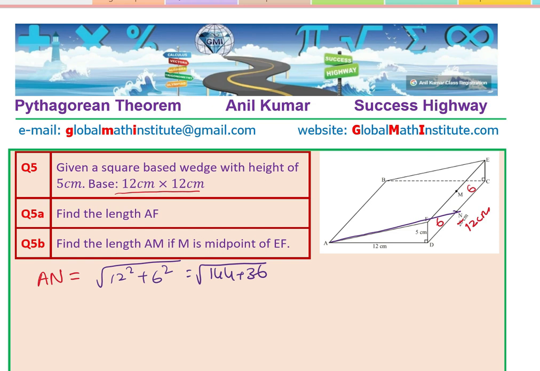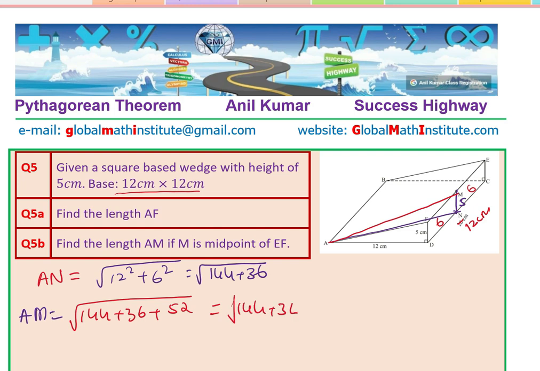And now we'll find A to M. Now 5 is this height, so we have to find A to M. So clearly A to M will be square root of 144 plus 36 plus 5 square, right? So which is 144 plus 36 plus 25. These are very friendly numbers to work with.